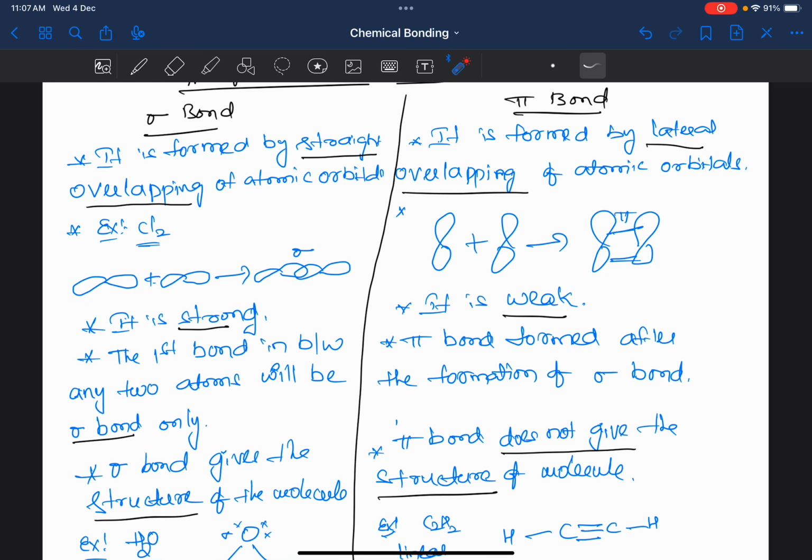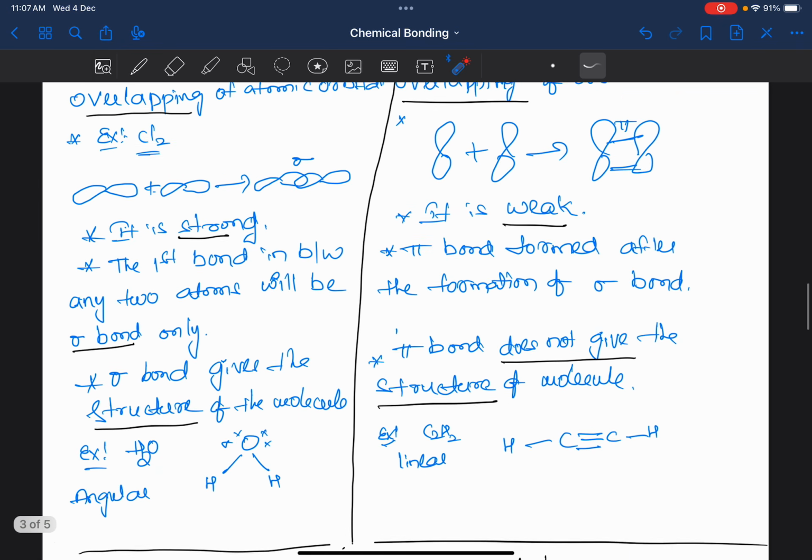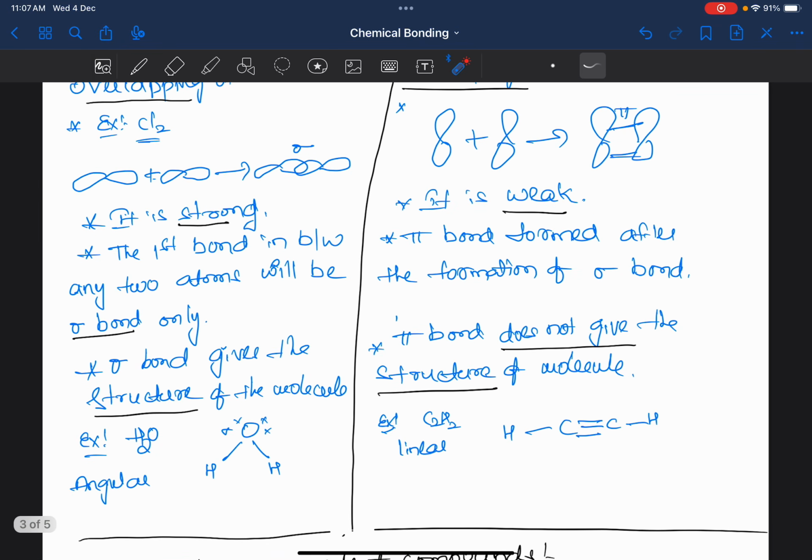Okay. And next, sigma bond gives the structure of the molecule. So here with an example I will explain. In H2O molecule, generally we know the structure of water. So what is its structure? Angular. Here, in between oxygen and hydrogen atoms, two sigma bonds are present.